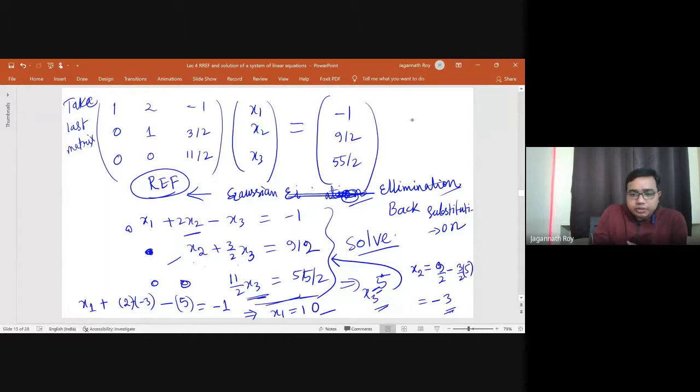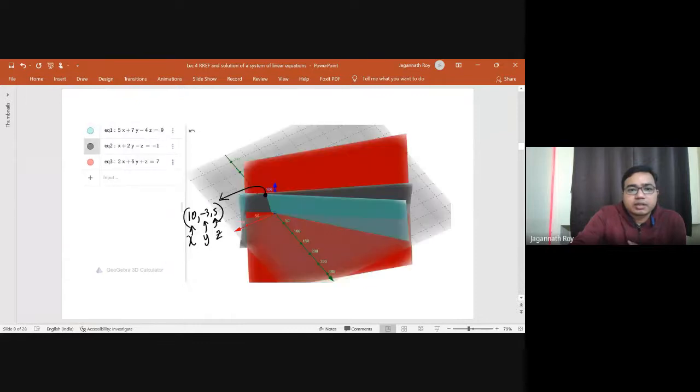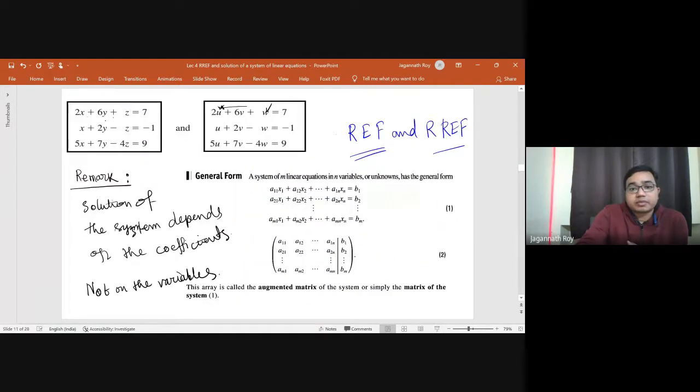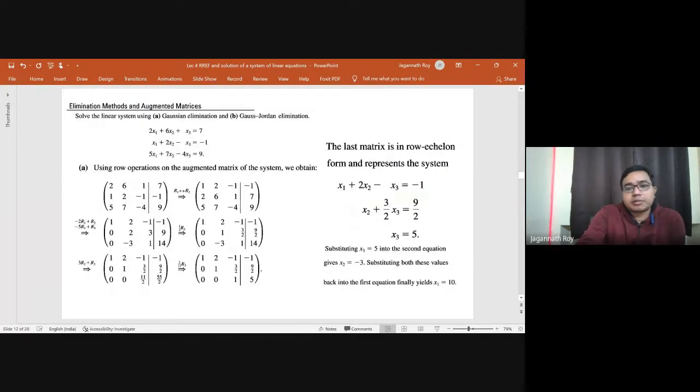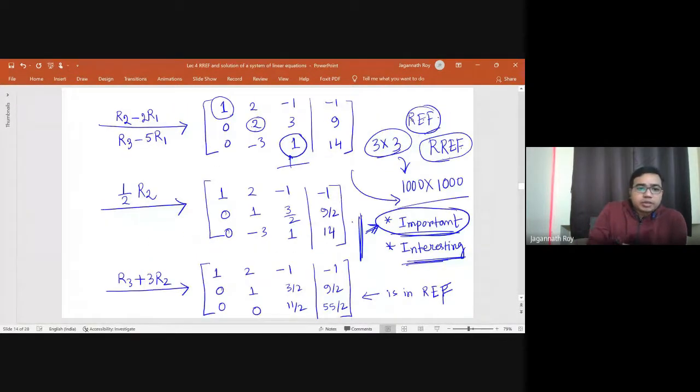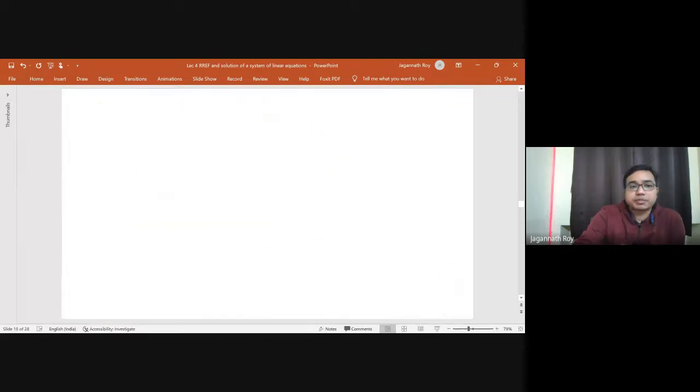So that's how we got, if you remember, I have shown you somewhere, this point is 10, minus 3 and 5. In geometry we have seen this; now we can see the mathematics, the algebra behind these matrix operations. Now once we get up to this, we can do a few more steps.